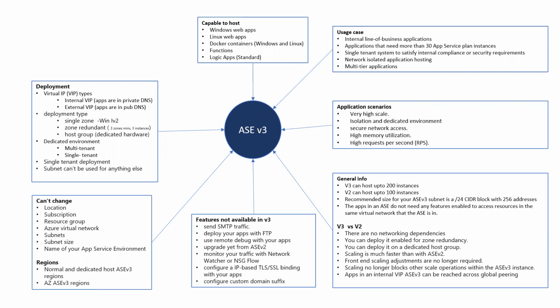Are you creating the app service environment for your private DNS or the public DNS? If you understand that, you will be able to select either internal VIP or external VIP. External VIP is for public facing DNS, and internal VIP is for applications running inside the corporate private DNS.